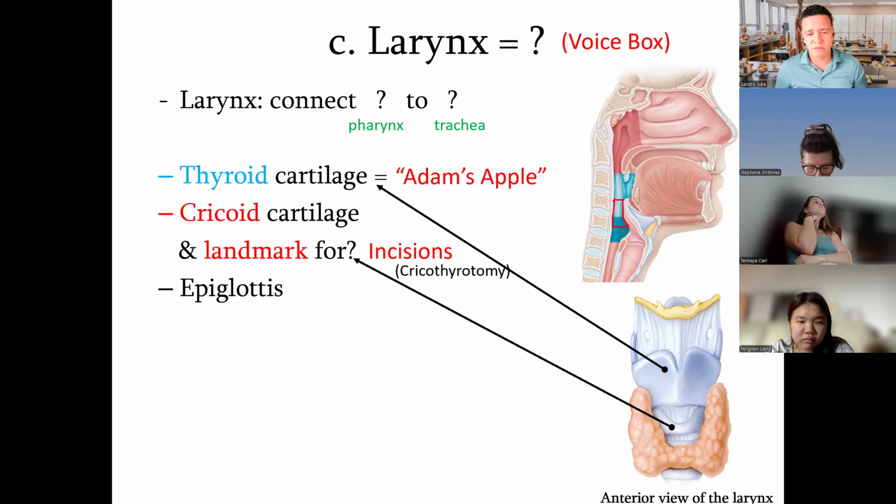If you're lucky enough to have a healthcare professional around you who knows how to do a cricothyrotomy, what are they going to do? They're going to find the cricothyroid membrane. They're going to take a knife or a scalpel, and they are going to make an incision right there in that cricothyroid membrane.